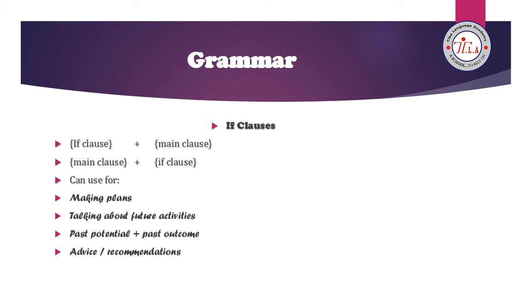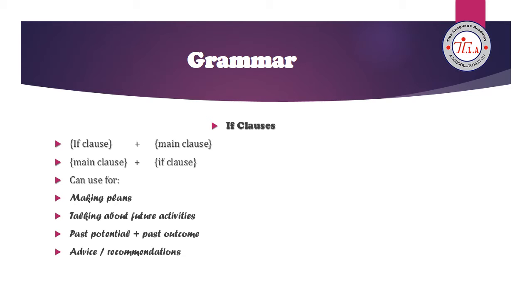A few things I want to talk about are how to use these sentences. We can use if clause sentences for making plans, and we can use them for talking about future activities, or in other words, potential activities. We can use them for past potential.